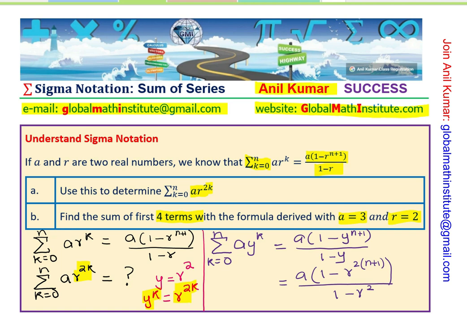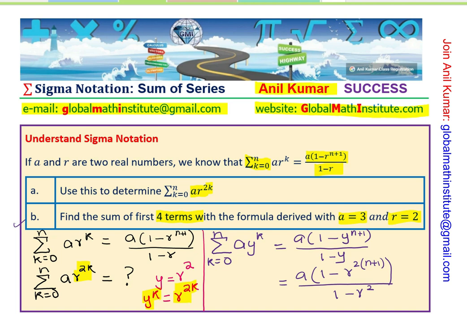Perfect. Now, is it correct? For that, we have part B. Let's take up part B on the next page. We'll find the first four terms with this formula and verify whether we get the right result.